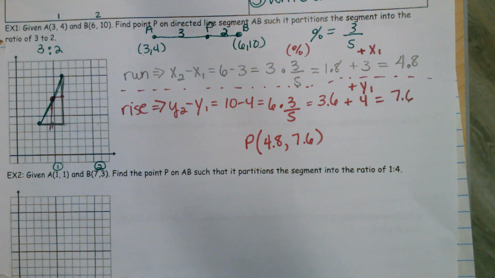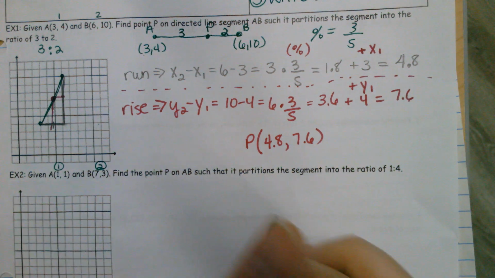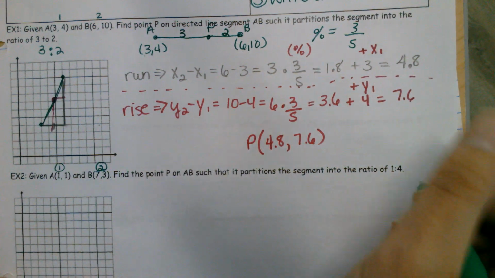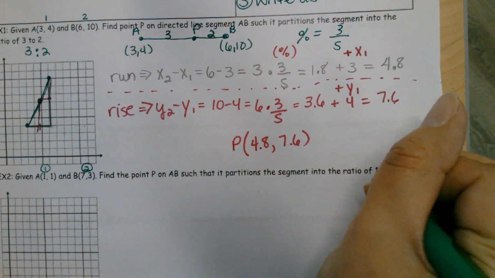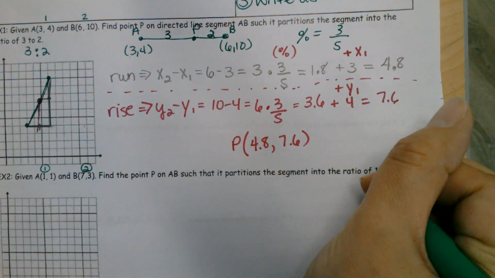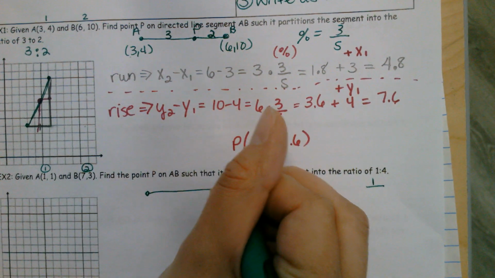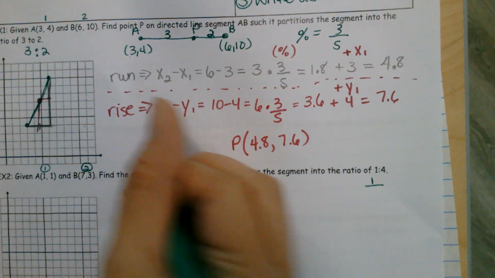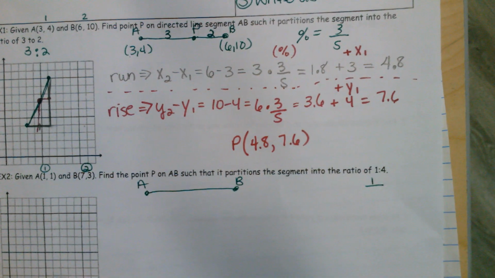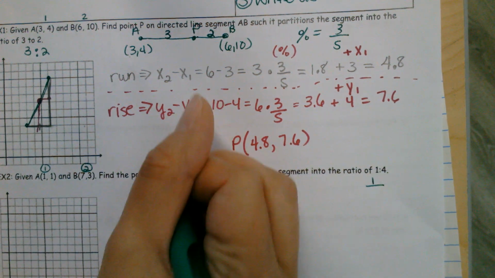Sure. What should I do very first? 1 divided by 4. I'm going to make a line. Yeah, so A, B, where should P be? I agree with that.